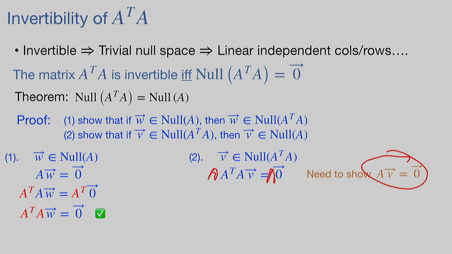Again, A times V, I look at the length of it. What is the length? It's the norm. If the norm of that is 0, does that also mean that A times V equals 0? It has to, right? That's one of the criteria that we had in the beginning.